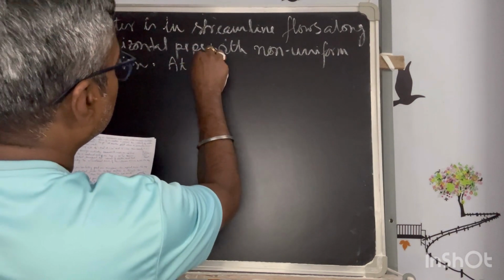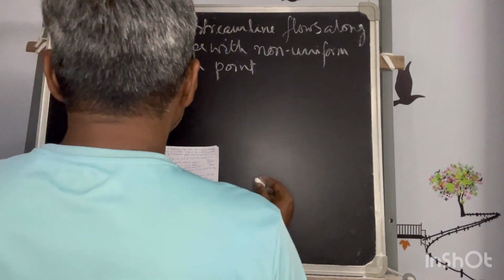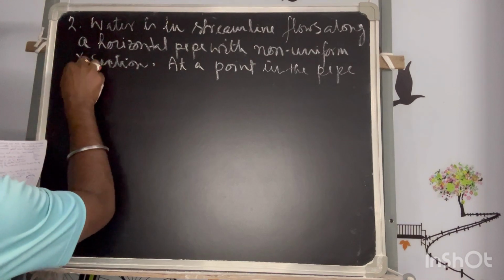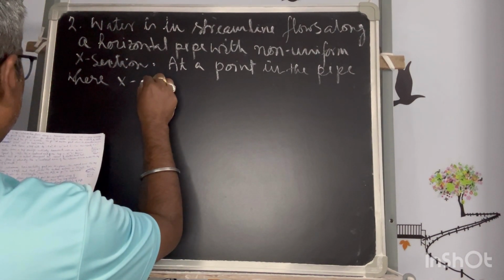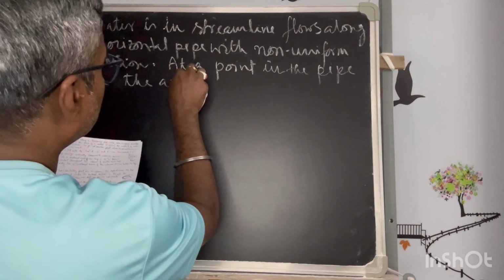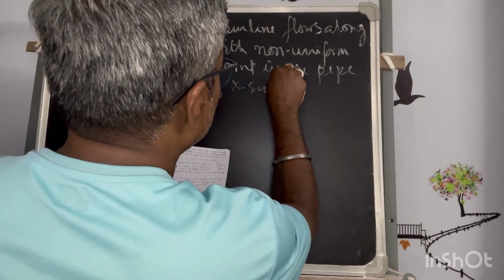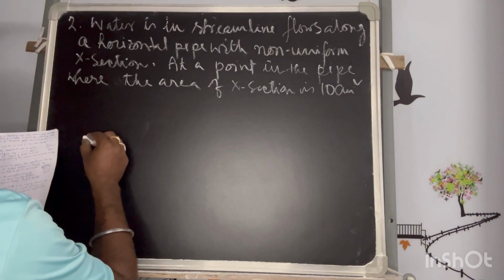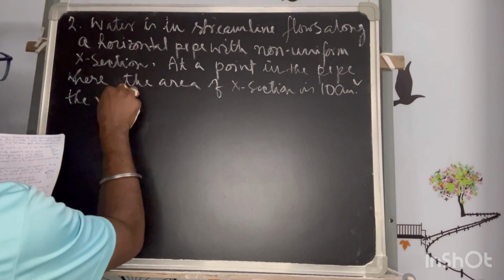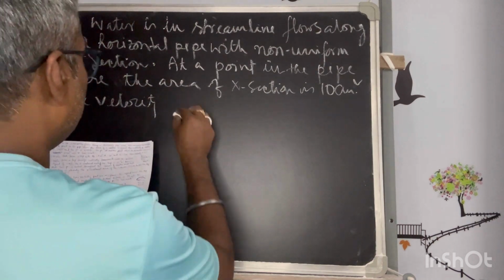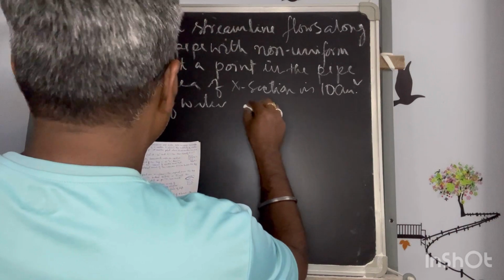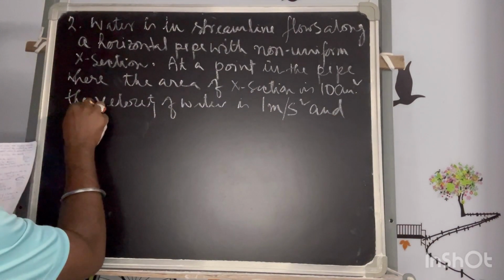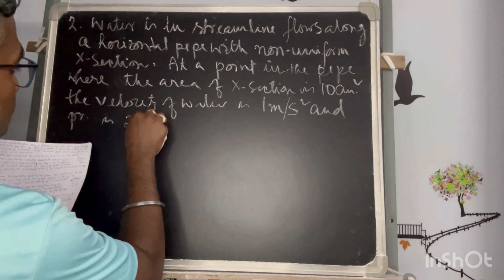At a point in the pipe where the area of cross section is 10 centimeters square, the velocity of water is 1 meter per second and pressure is 2000 Pascal.